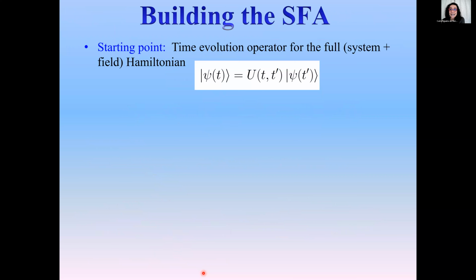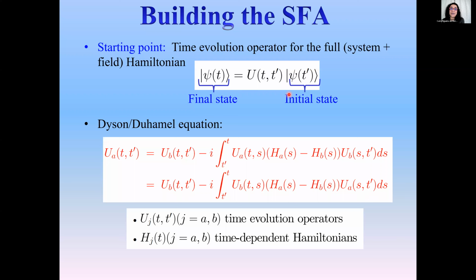So if you want to understand how this is built, let's consider that you have the time evolution operator for the full system. So here you have everything. You have field and you have atom, and you have a final state psi of t, an initial state psi of t dash, and a time evolution operator taking it from t dash to t.